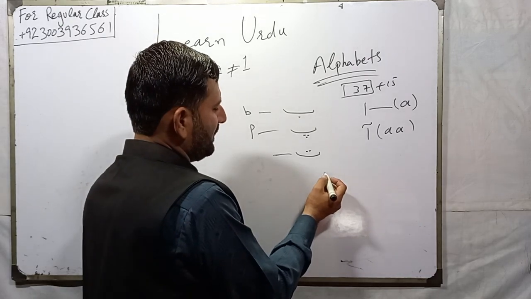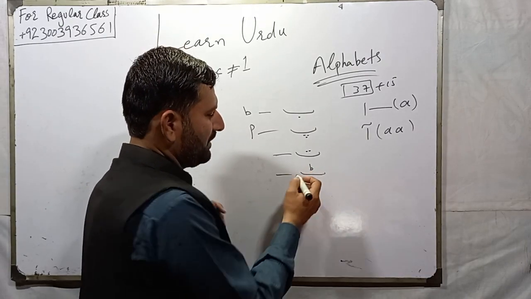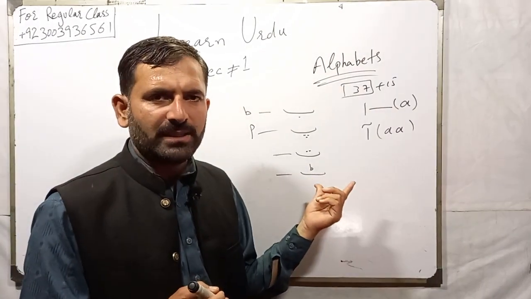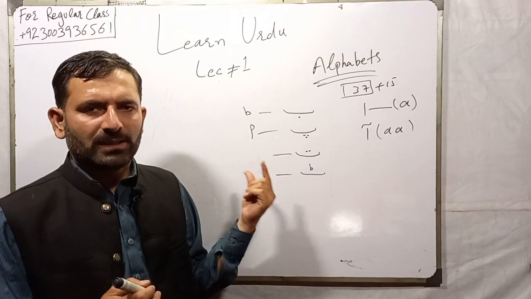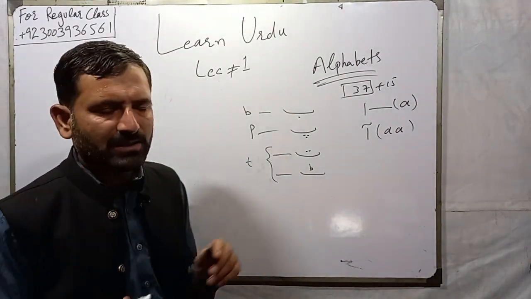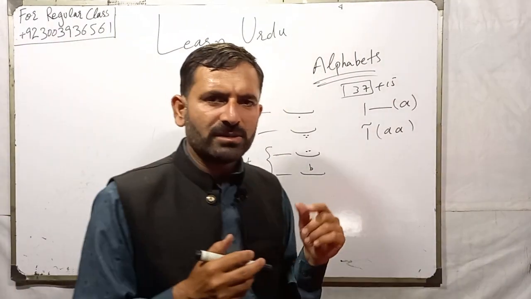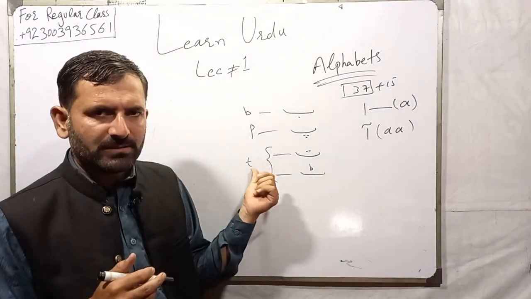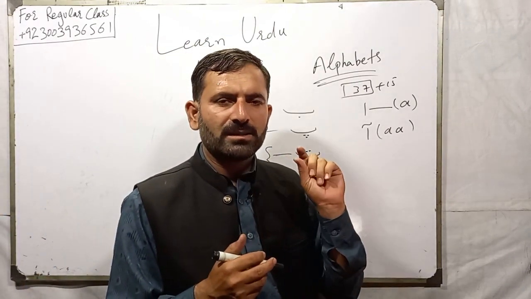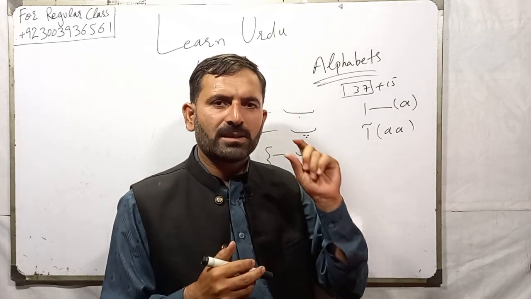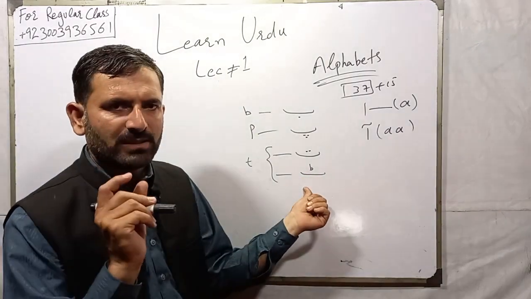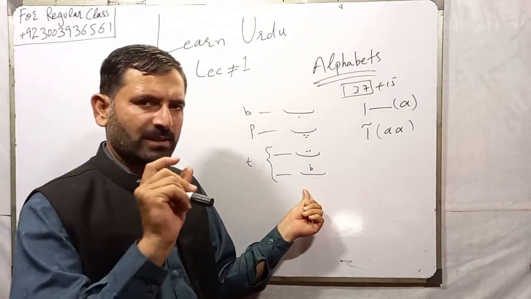The next one is Te. It sounds in Urdu as ta. These both are represented in English by the letter T, just as ta, ta, tomato, tub, table, tableau.